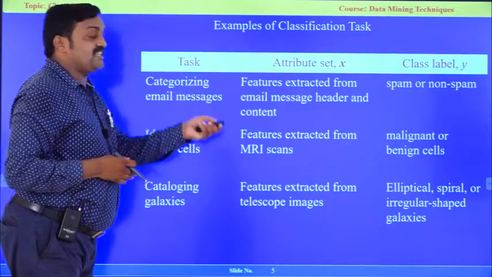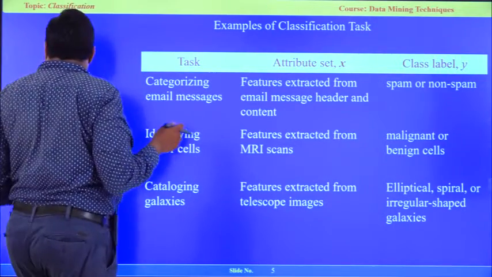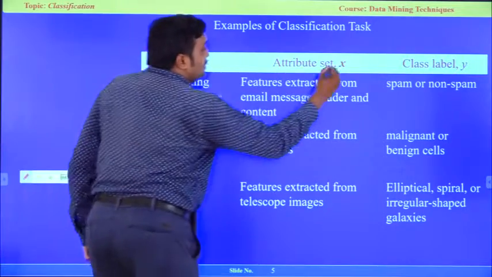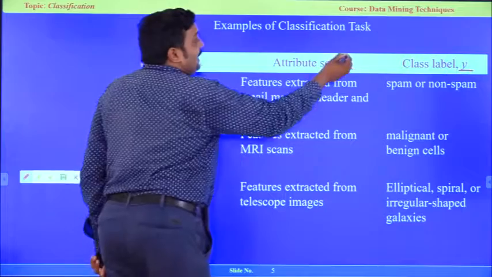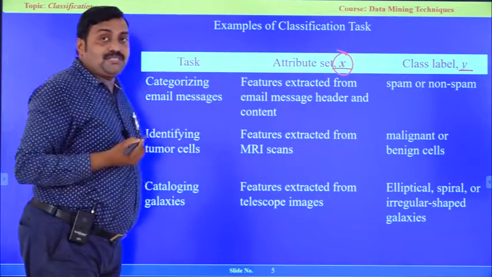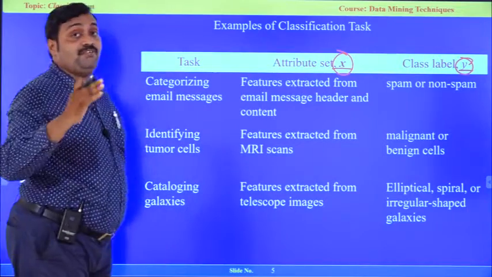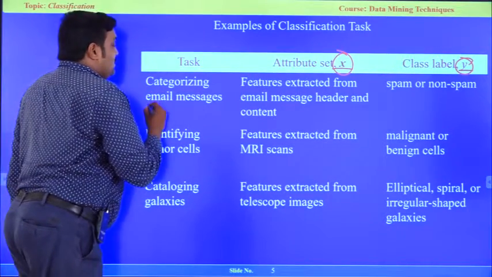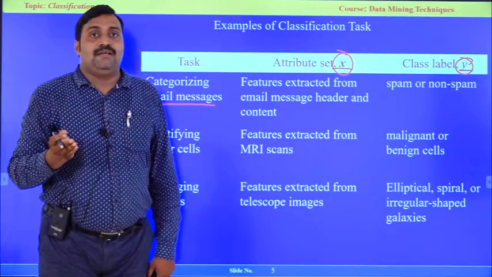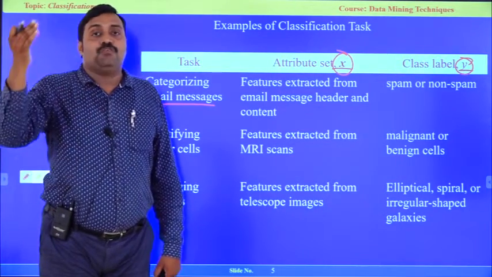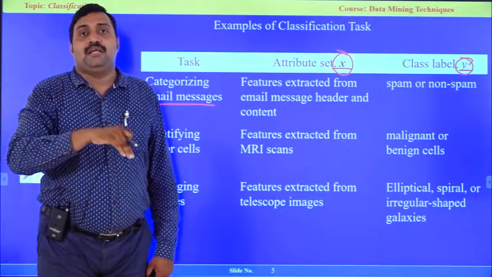Now let's see some examples of classification. As I mentioned, X is the attribute set and Y is the class label. Clearly I mentioned it here for your understanding. Whenever I get a mail, whether the mail is spam or not: if it is spam, that mail should be moved to the spam box, and if it is not, it should go into the inbox.